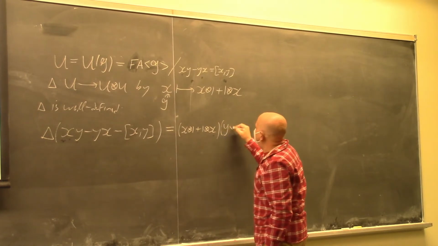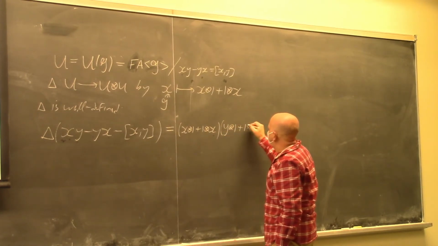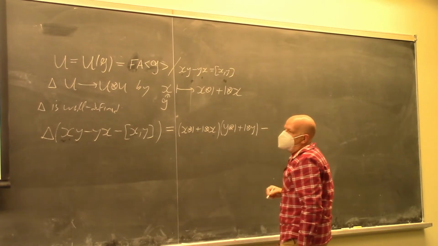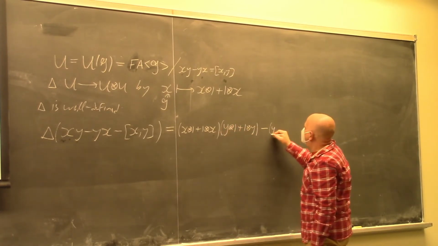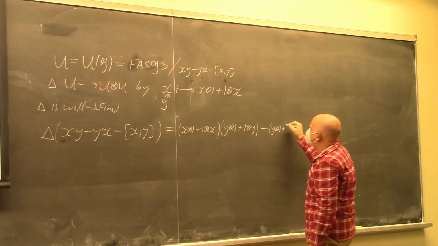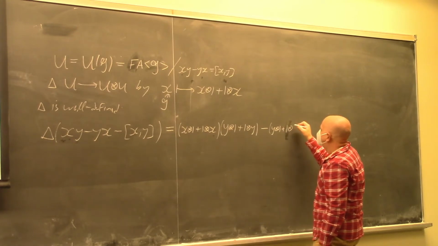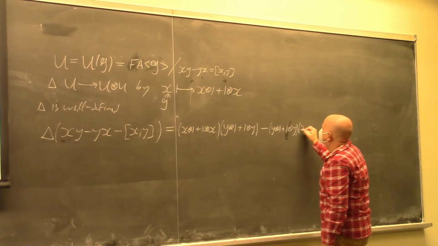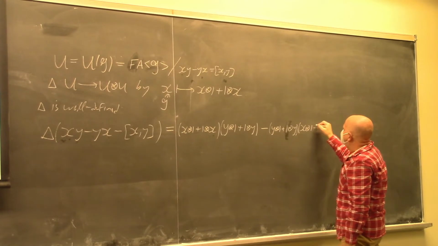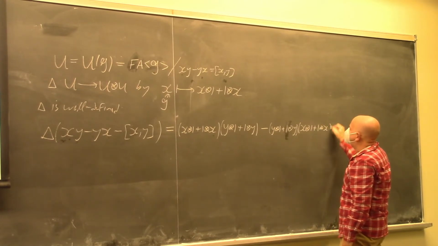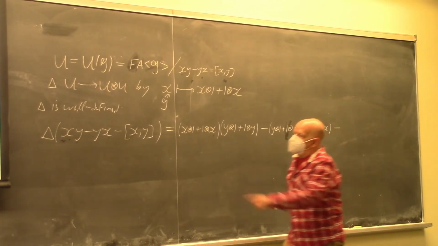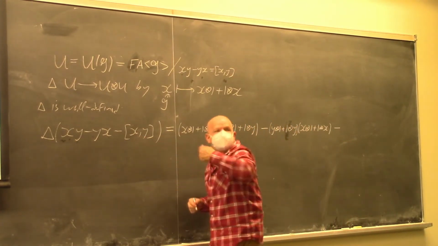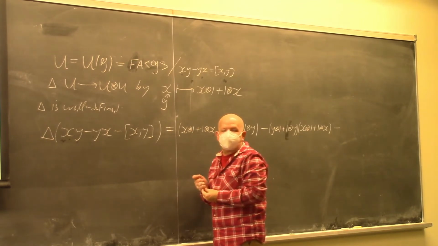So y tensor 1 plus 1 tensor y, minus the same thing in the opposite order: y tensor 1 plus 1 tensor y times x tensor 1 plus 1 tensor x, minus delta of x bracket y. x bracket y is a single letter, a single generator.